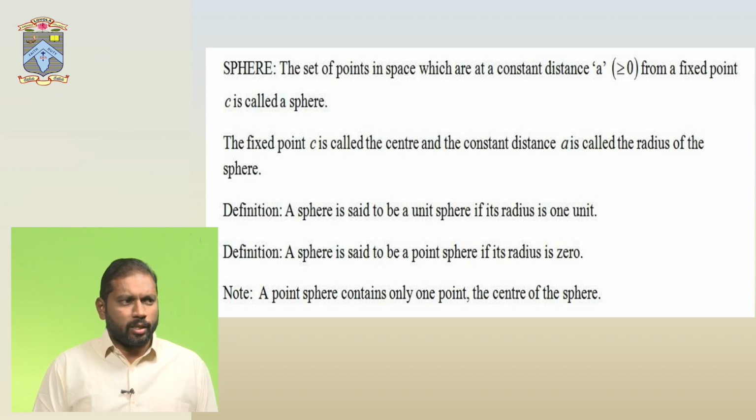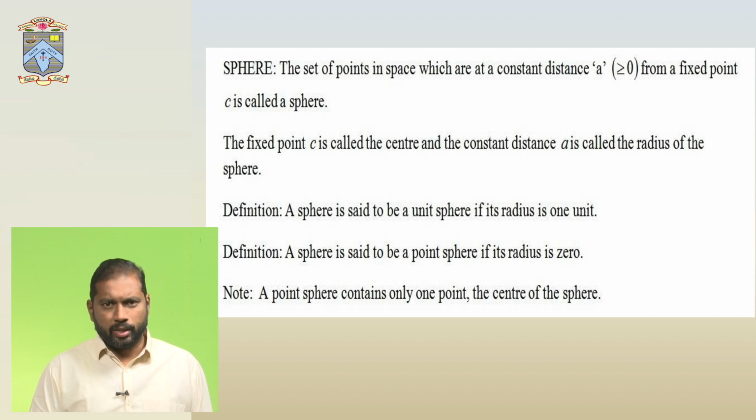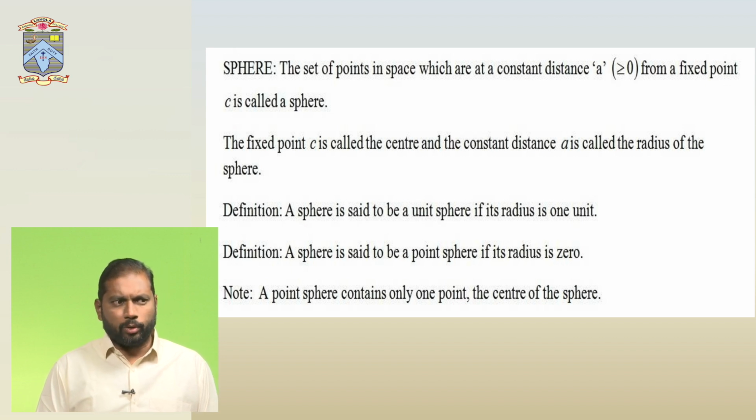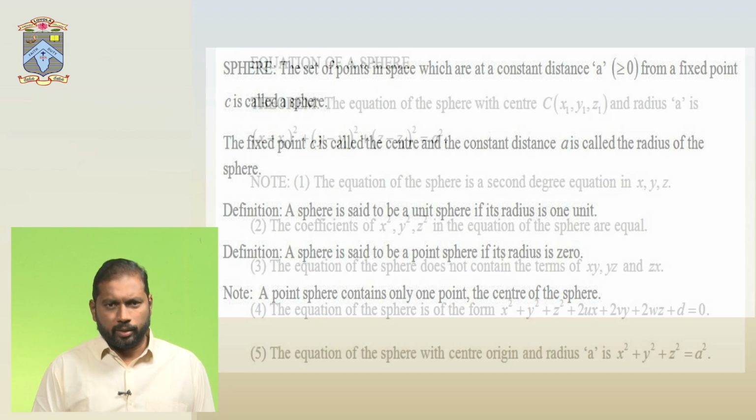A sphere is said to be a unit sphere if its radius is 1 unit. Next definition, a sphere is said to be a point sphere if its radius is 0. Note point: a point sphere contains only one point, the center of the sphere.